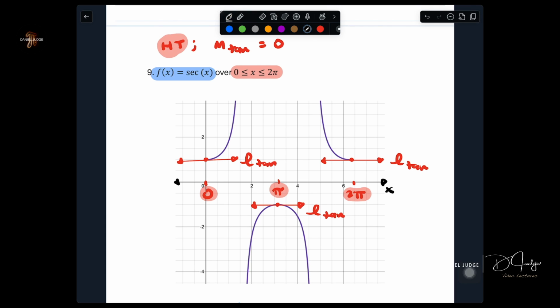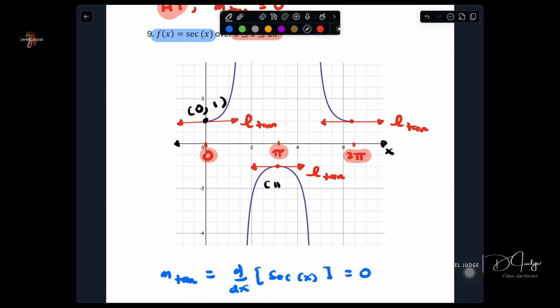Now, just looking at this curve as well, we know that this is the coordinate of x being 0, y being 1. This is pi, negative 1. And then this will be 2 pi, 1, just by notating these locations on the curve.